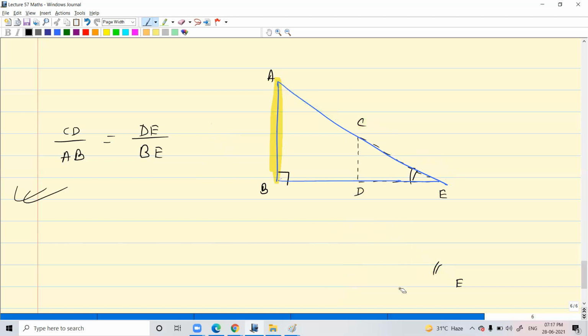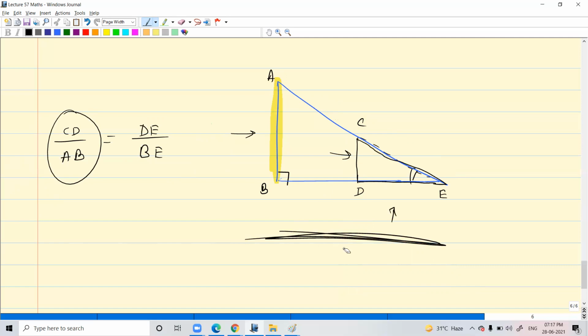And now try to understand these ratios from this figure directly, instead of drawing another figure. Make sure you understand it from here itself. CD by AB is equal to DE by this whole BE.